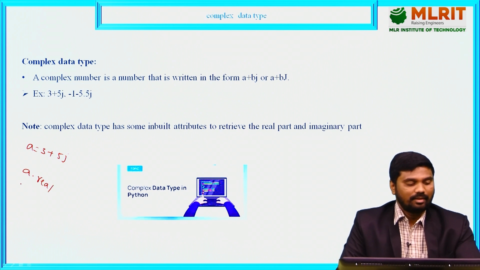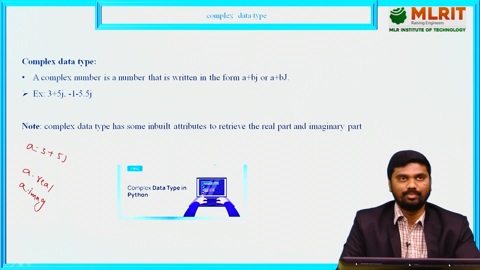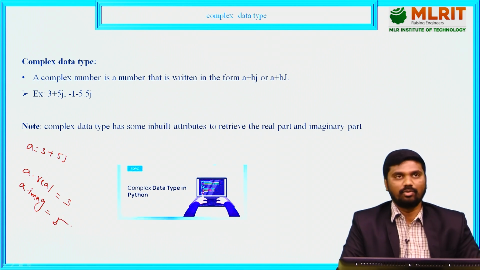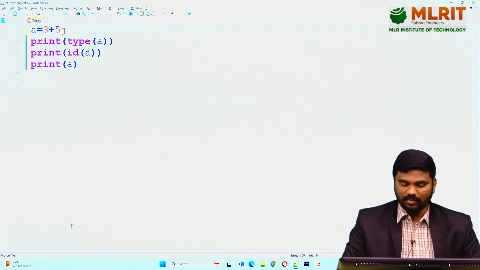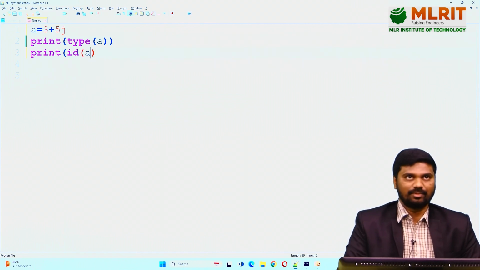And if you want to access only the imaginary part of the complex number, then we have one inbuilt attribute, that is imag. We can call that by using the object. Then here we are going to get 3 as an output, and here we are going to get 5 as an output. So let me see an example through this program. A equals 3 plus 5j. So I am removing all this code.